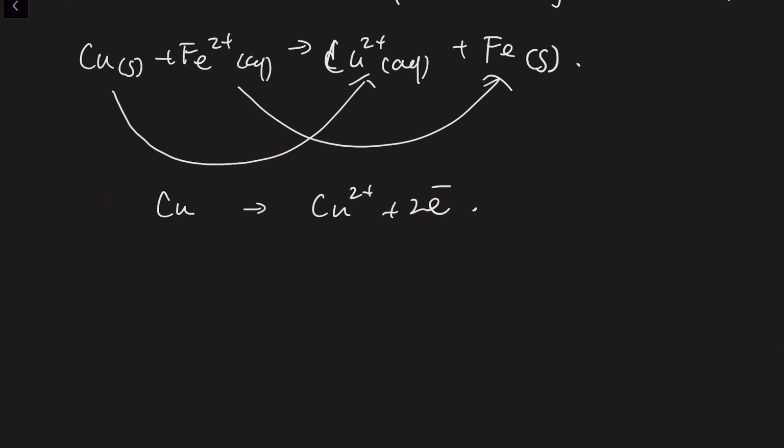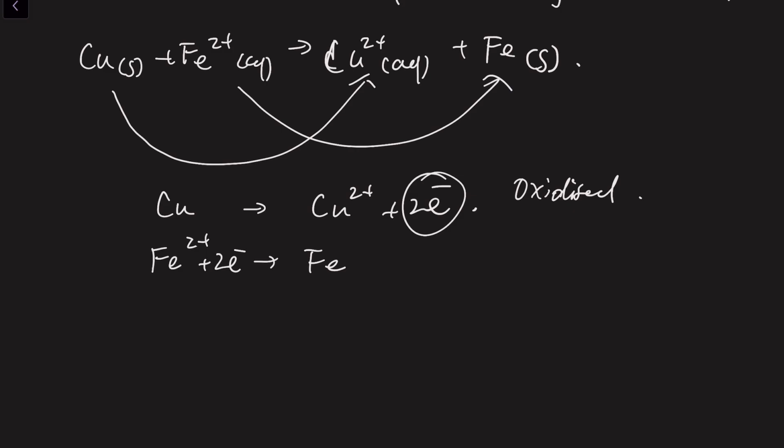And here, to also balance the charge, it must gain 2 electrons. So based on the definition, copper atom is getting oxidized. And Fe2+ ion, because it's gaining 2 electrons, is getting reduced.